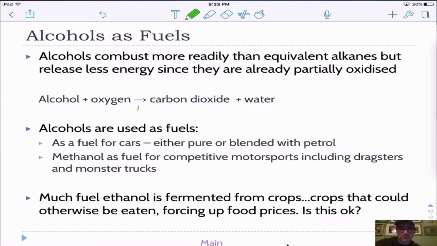Some of the ethanol is taken from fermenting certain crops, and this is really controversial because you're taking foodstuffs that normally would be used for people to eat and now using them to make fuel. There's been a lot of controversy and issues with that whole concept.